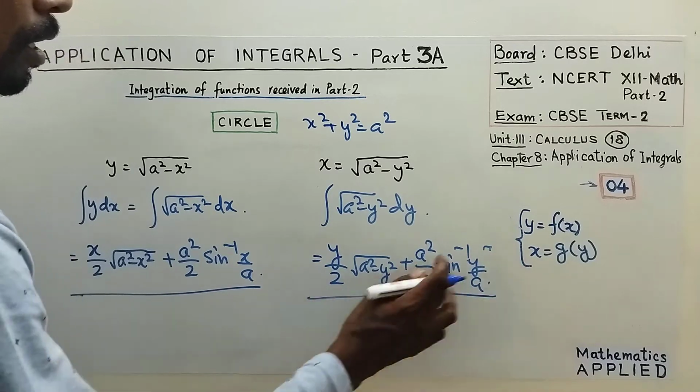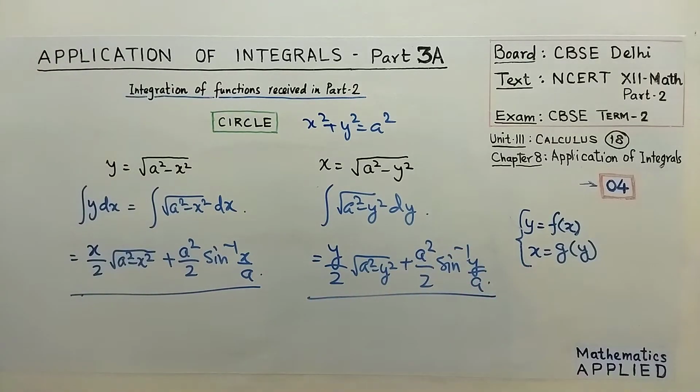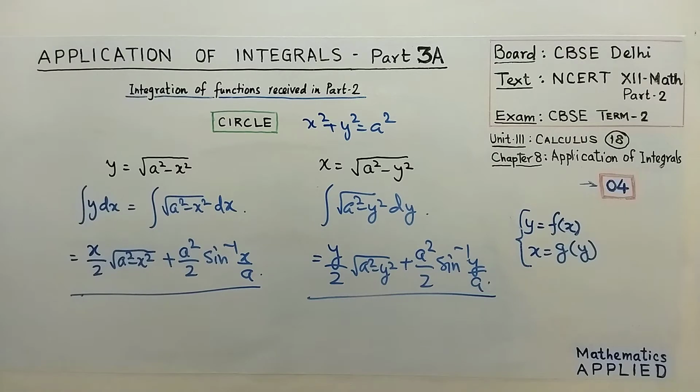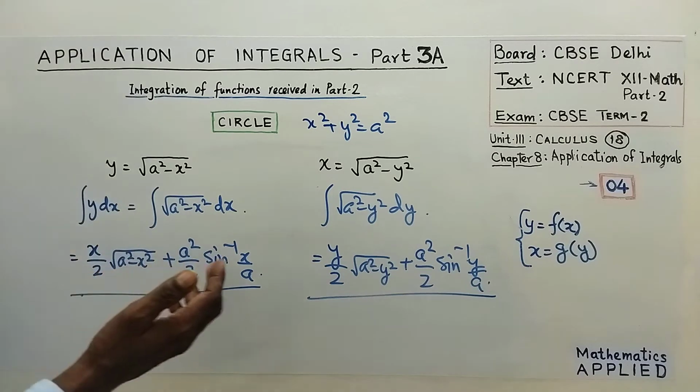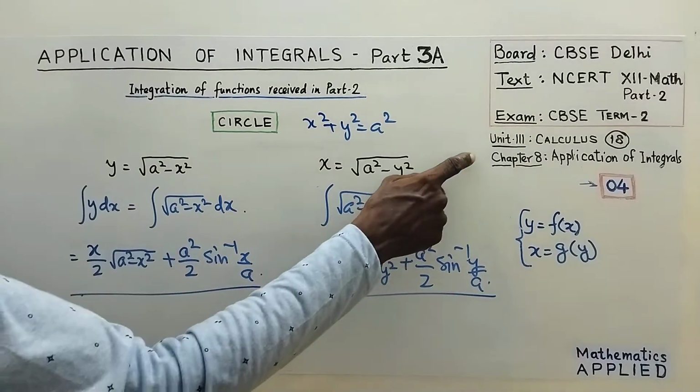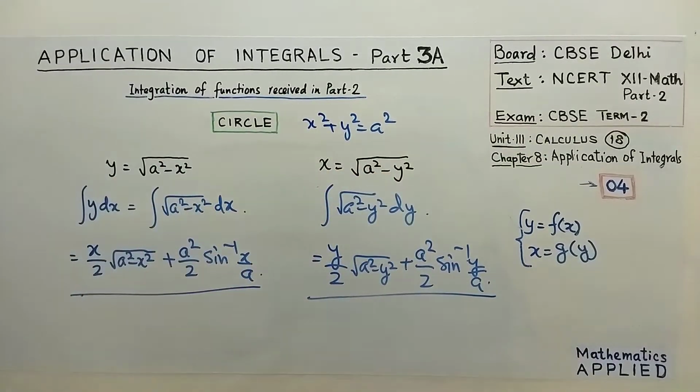So this is another result that we have for the circle. Remember that I am doing integration of functions, all that I received in part 2. I should see a pattern, and that pattern helps me remember how to integrate. In application of integrals, it's not so complicated, and that's what I have to ensure.